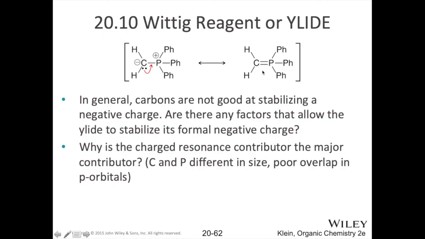We've kind of seen that before with carbon and sulfur as well. Okay, so there's that poor overlap, so that pi bond isn't as stable as you think it would be. So we do see a decent contribution from this resonance structure, and that carbon is decently nucleophilic.